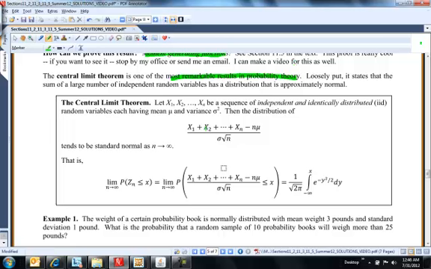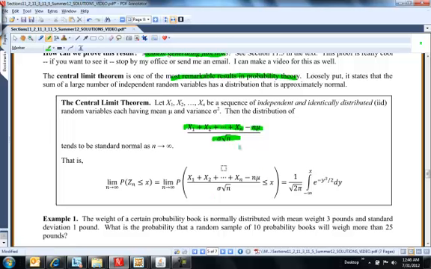Here's what we did the other day. Actually, this is in 11.2. If we add a bunch of random variables, it doesn't matter what they are, if they're independent of each other and have the same distribution, and we add them all up, subtract off the mean of the sum and divide by the standard deviation of the sum, then we'll get a nice normal curve.